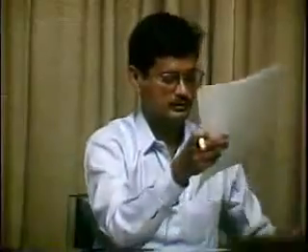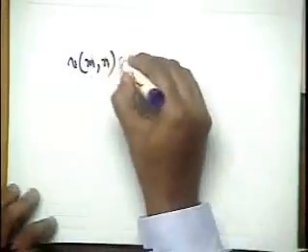Now, the type of spatial operation which we will consider at first is what is known as spatial averaging. So, we consider that the intensity of the processed image, v(m,n), I define as follows.